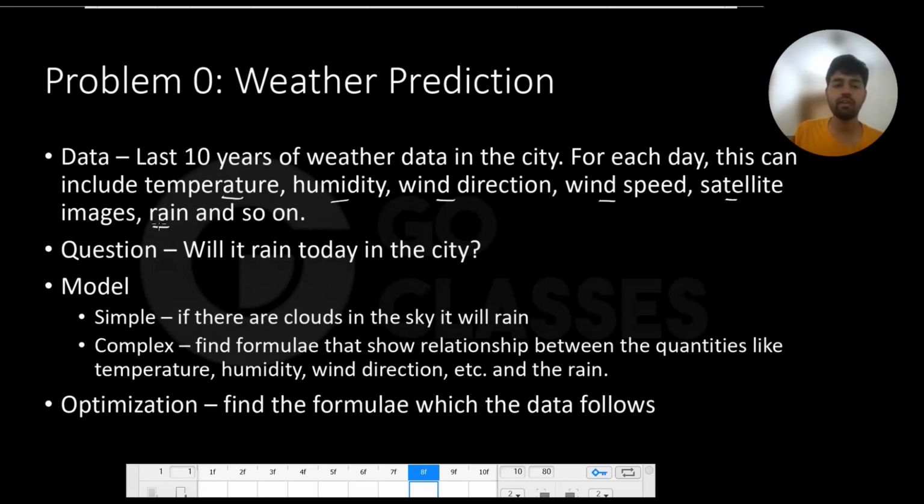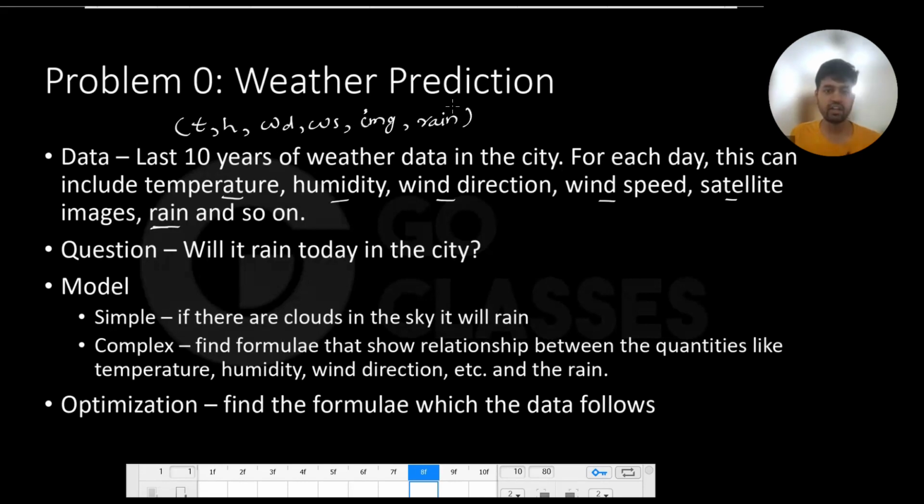So you have this information for every day of the last 10 years. The data set will be something like this. Temperature, let's say it's called T, humidity is H, wind direction is WD, wind speed is WS, and then there is an image, IMG, and then there is rain.